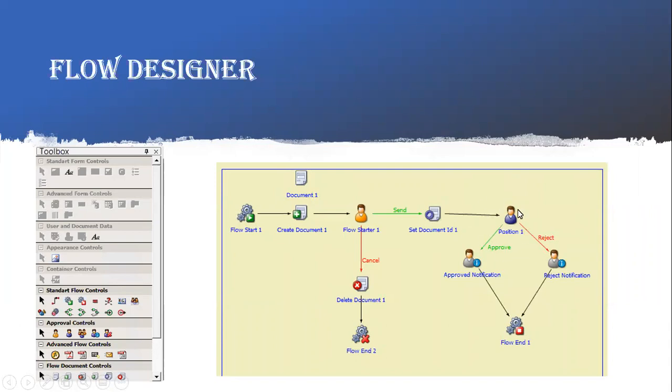The next action is either approve or reject. We also set up the notification for approval and the notification for rejection. So when a reject or approve is triggered, we will receive the notification here. Okay, so this is a simple but yet important workflow we can build when a form is created and then sent to a certain position or department to be approved.